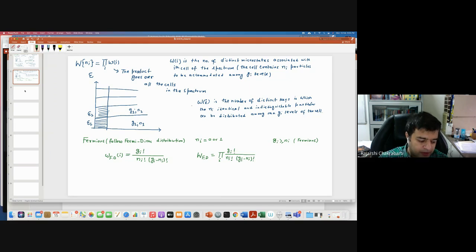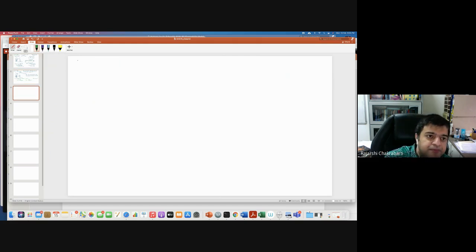So now next I go to what is known as Bose-Einstein. Bosons follow what is known as Bose-Einstein statistics. Now, what are the possible values of Ni in this case?